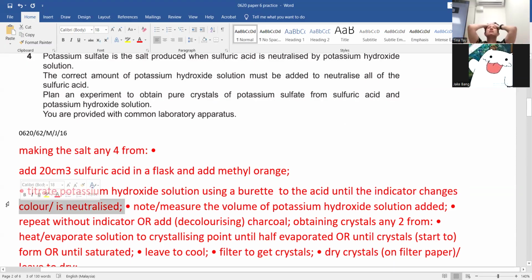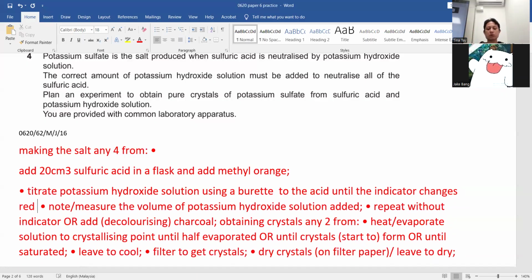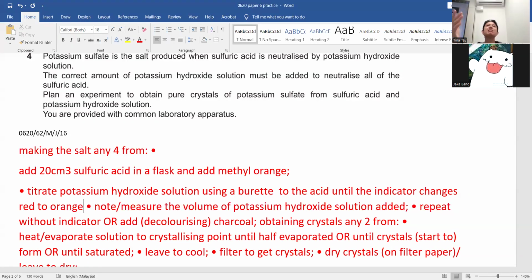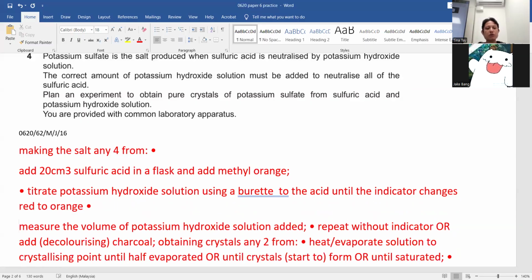What is the color for methyl orange? In acid, it's red. Red to orange. Okay. If it's alkali, it becomes yellow. Measure the volume of potassium hydroxide added and repeat without indicator.